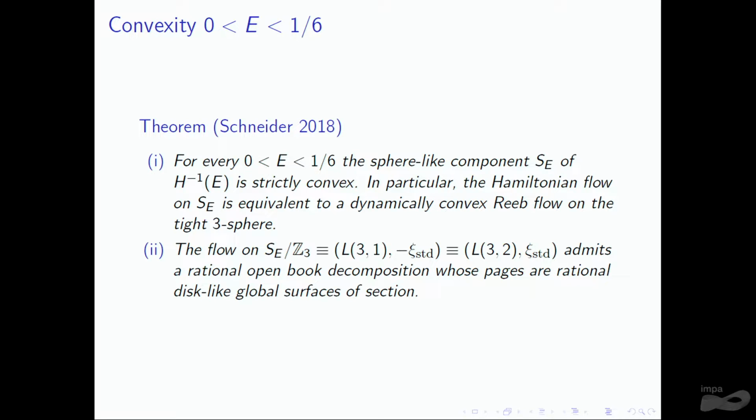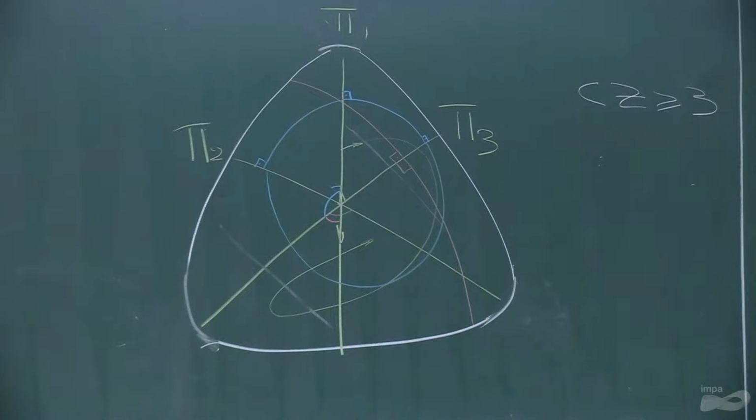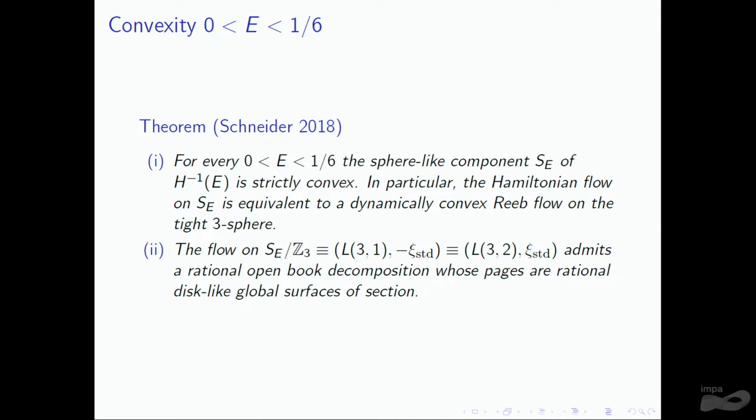And we can even, with that Z3 symmetry, take the quotient of the energy level. It has this Z3 symmetry, so we obtain a lens space. And this lens space is L(3,1) or L(3,2) with opposite contact structures.